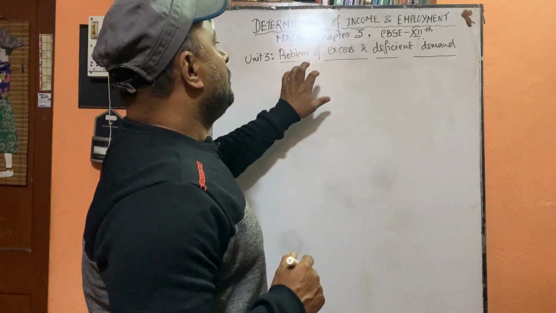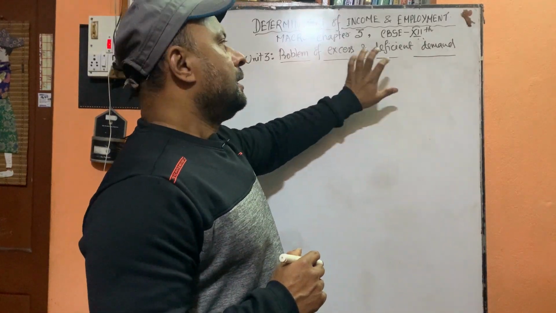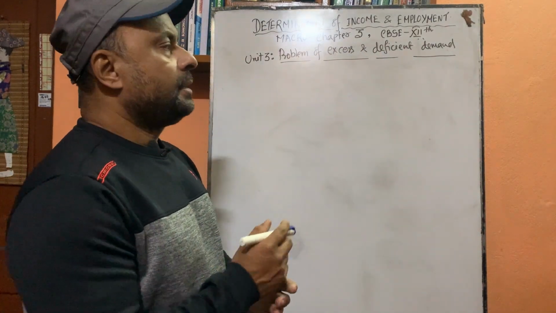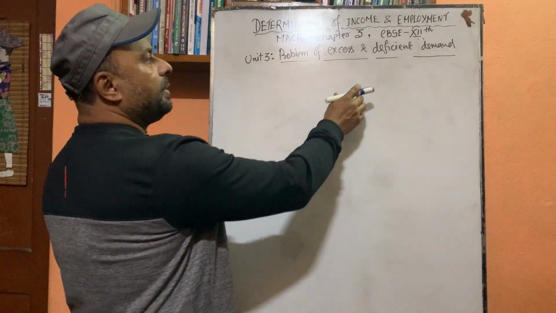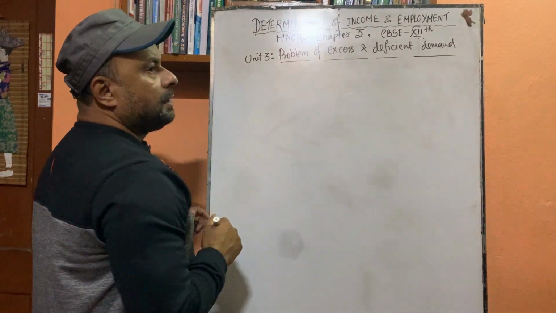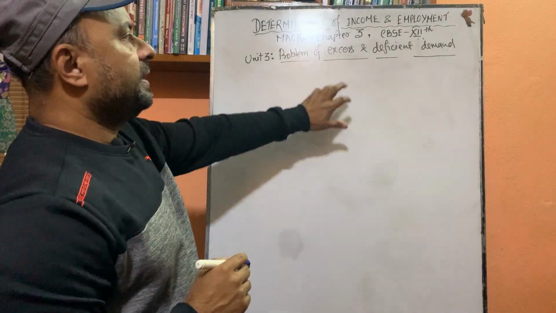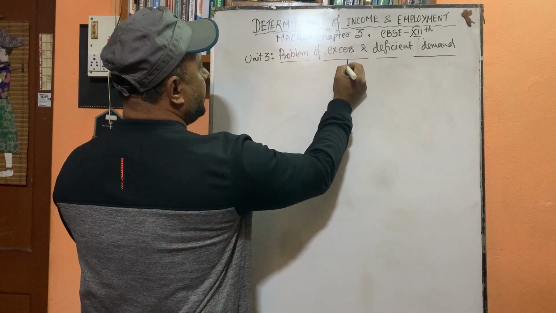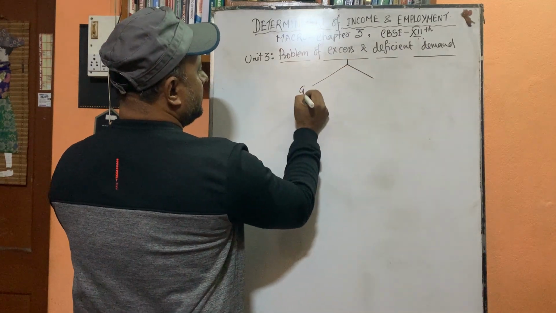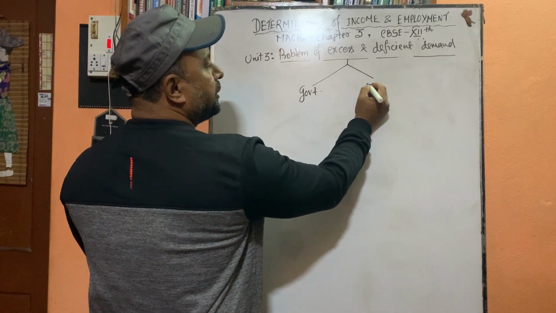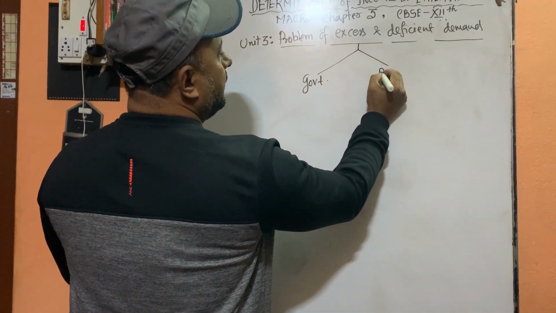Now, how to overcome the problem of excess demand and deficient demand? Both are bad for the economy, with a bad impact. So how can we overcome these problems in the economy? To overcome them, there are two measures. Some measures are adopted by the government, and some by the central bank, that is the Reserve Bank of India.